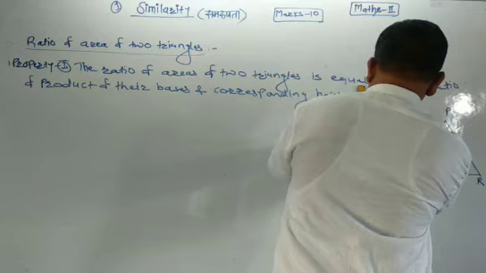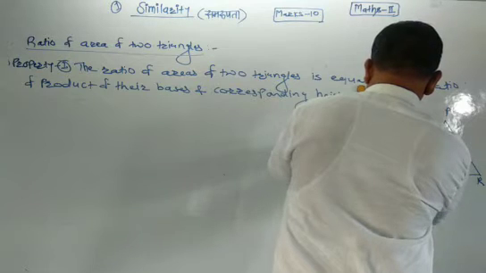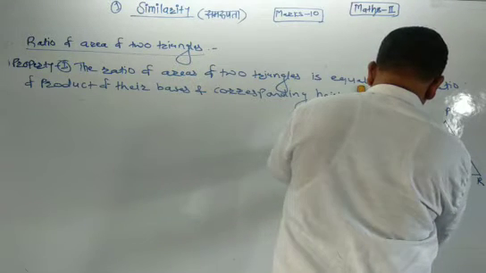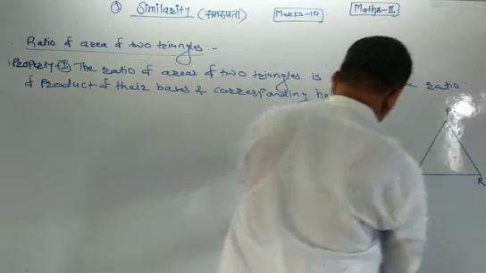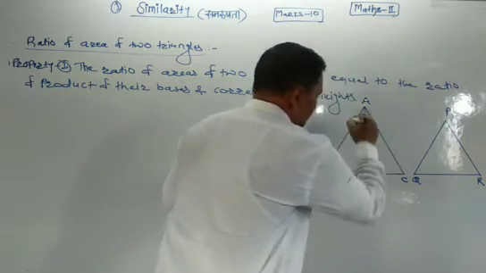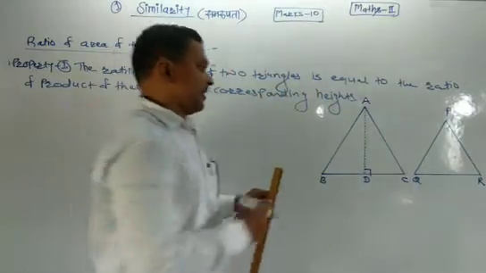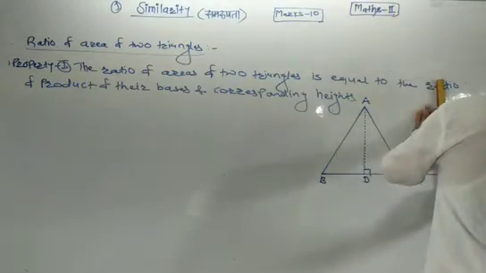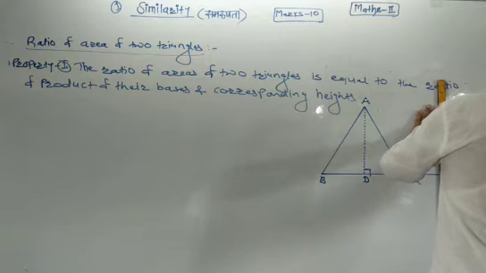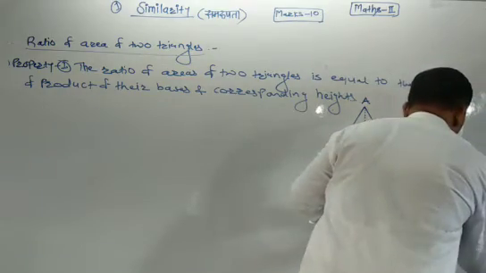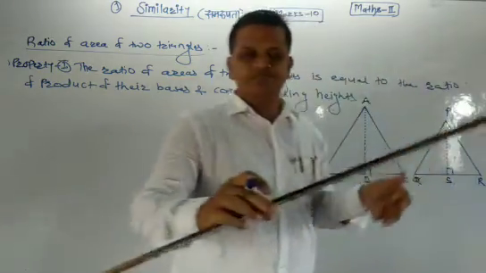The height of the two triangles we denote by a dotted line. Understand? Seg AD is the height and seg BC is the base. In the second triangle, seg QR is the base and seg PS is the height.